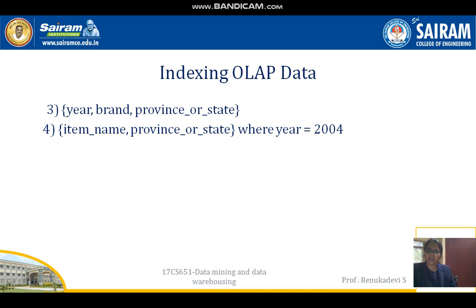The data warehouse architecture and implementation are also based on the query to be performed with respect to brand and province or state, with the condition of the year. This is the example we considered, and the materialized cuboids are also available to perform the index-based task.